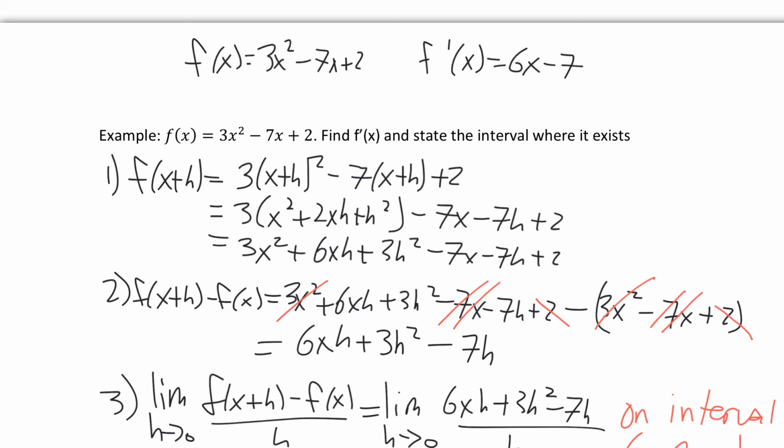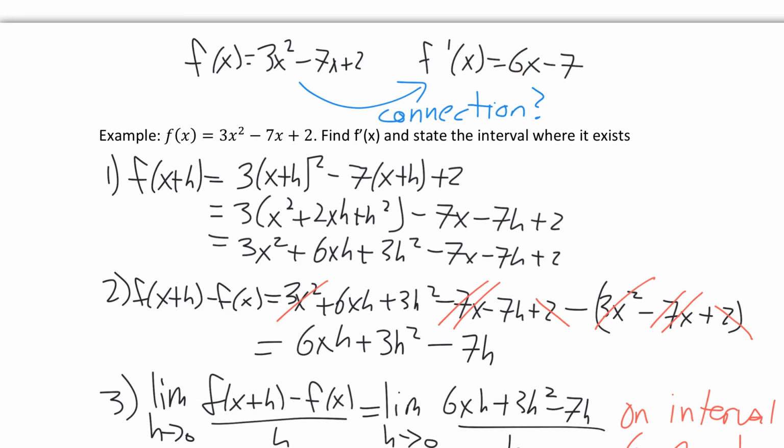And the question I would ask you is, is there some kind of connection between these two? Do you see some kind of pattern? I think it's pretty obvious, at least to me, that this negative 7 is somehow connected to this negative 7x. Surely you see the connection there, that this is somehow related to that.